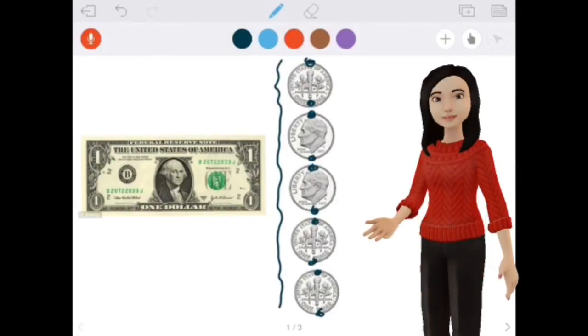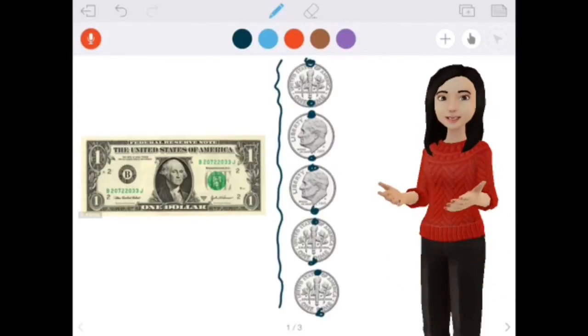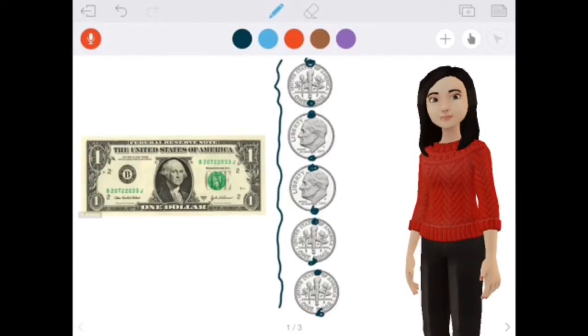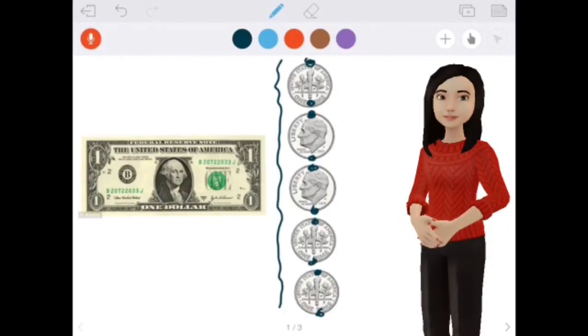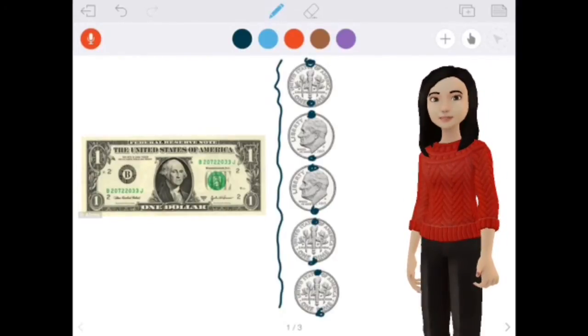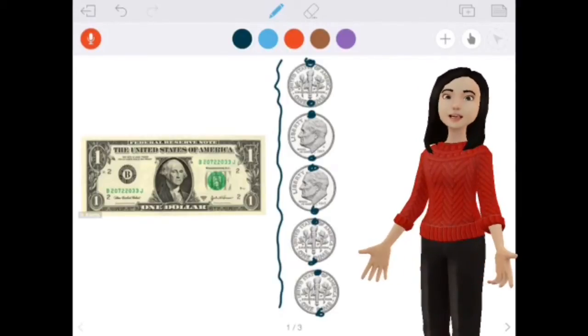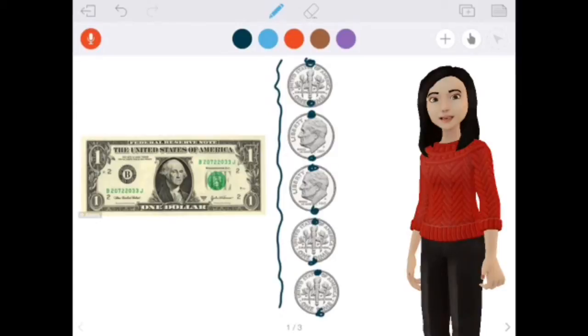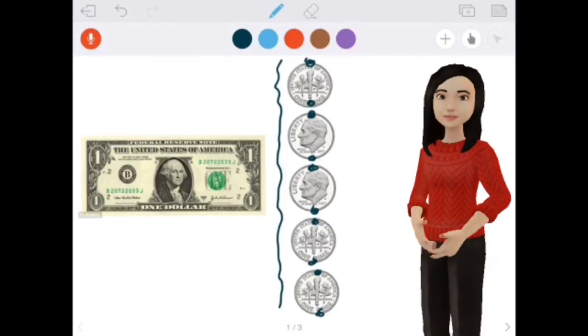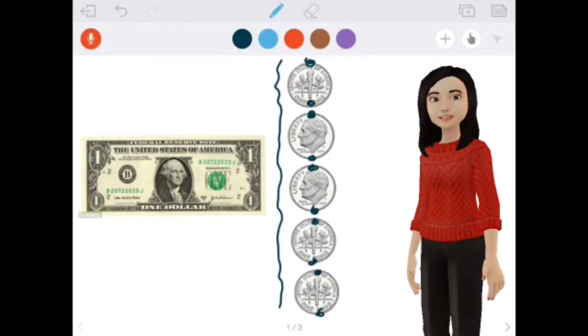I decided to add 4 more dimes to my 1 dime. Now I can start skip counting by 10s. The reason why I can skip count by 10s is because there are 2 touched points on each dime. 1 touched point equals 5. 2 touched points equals 10.